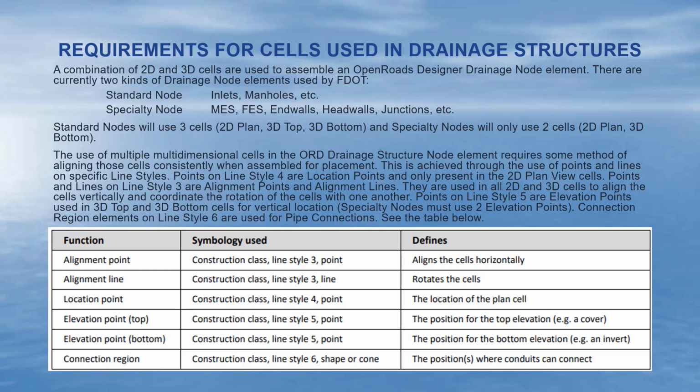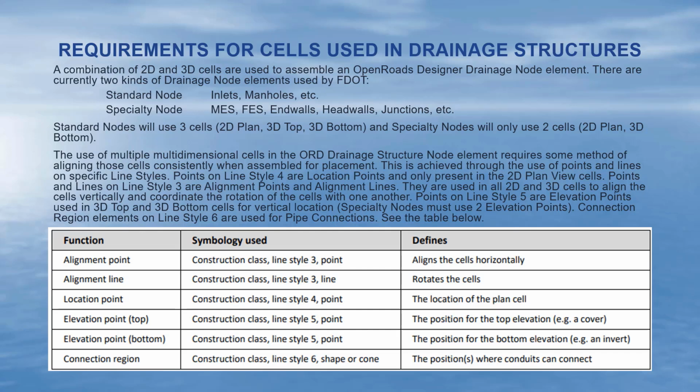There are currently two kinds of drainage node elements used by FDOT. A standard node, which would be your inlets, manholes, ditch bottom inlets, other things like that.